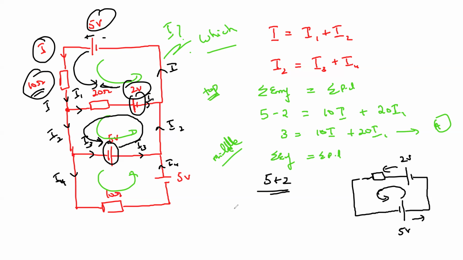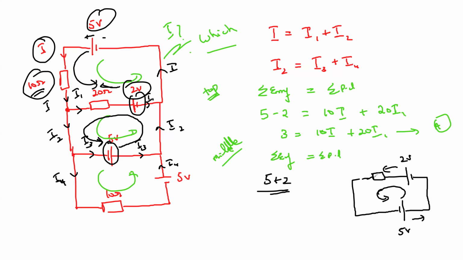And the current here, we will take the loops until we get the equations we need. For example, if we got I1 from this one, we will not take the third loop.